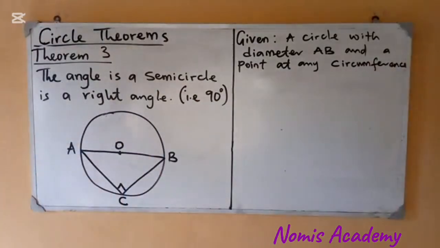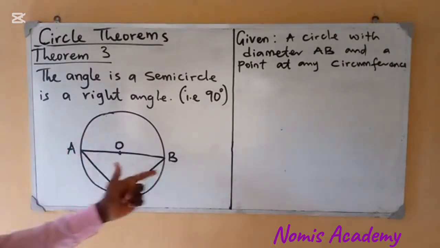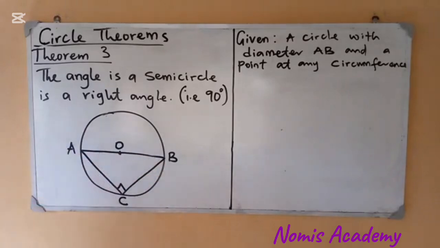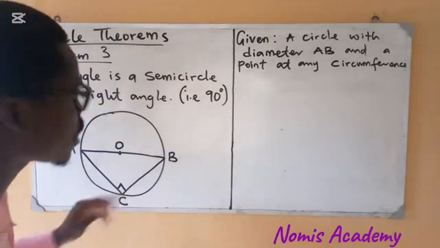Okay, so we are given a circle with diameter AB and an angle at a point on the circumference C.